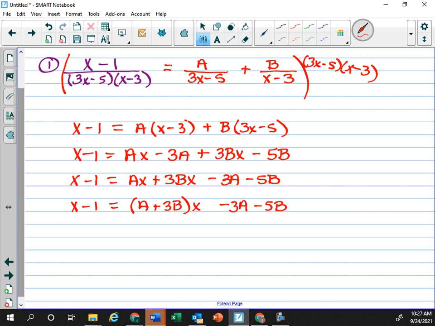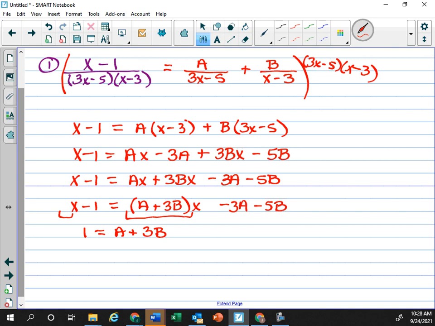The reason I did the x after the parentheses, the a plus 3b, that whole quantity, is that's the coefficient on x. What is the coefficient on x on this side? 1. So I can set 1 equal to a plus 3b, because those coefficients have to be equal.